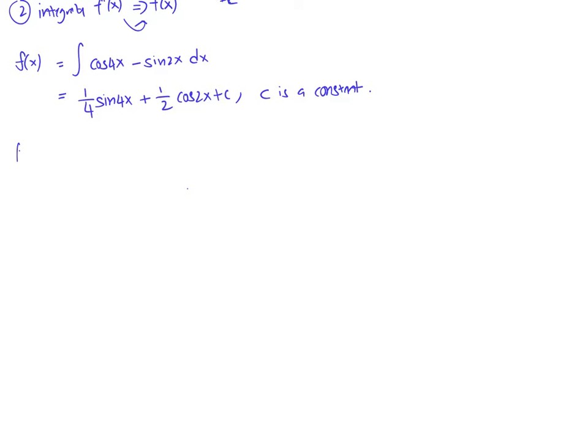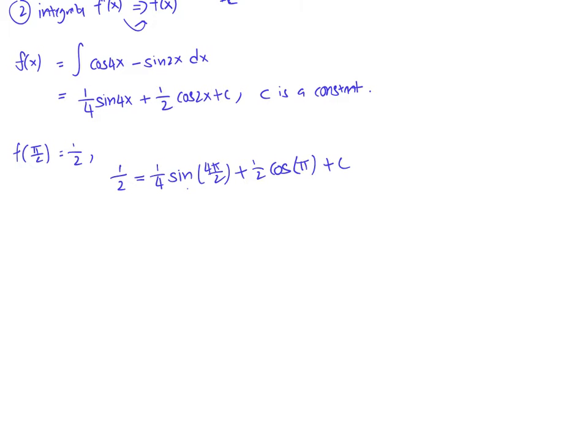Since we have f of pi over 2 to be half, we will have half equals 1/4 sine 4 pi over 2 plus half cosine pi over 2 times 2, which is simply pi, plus c.